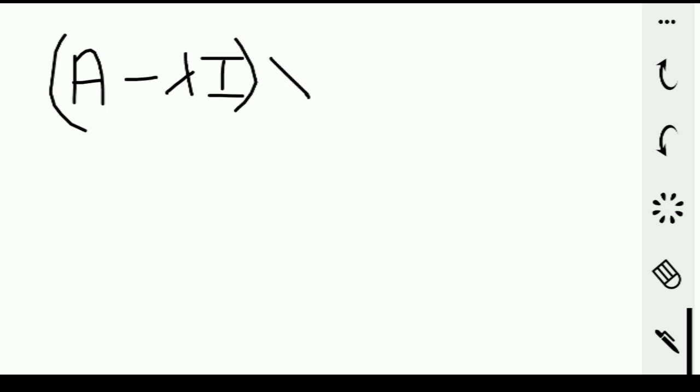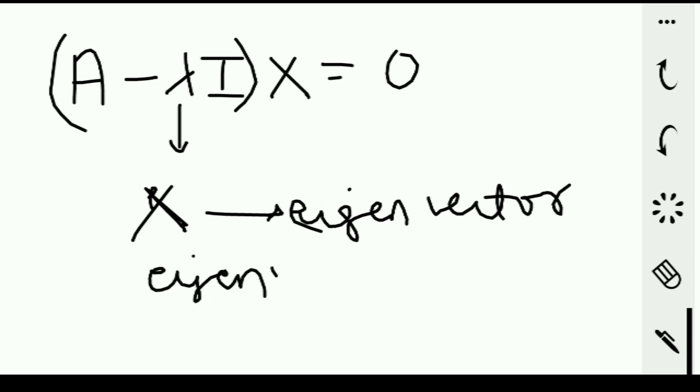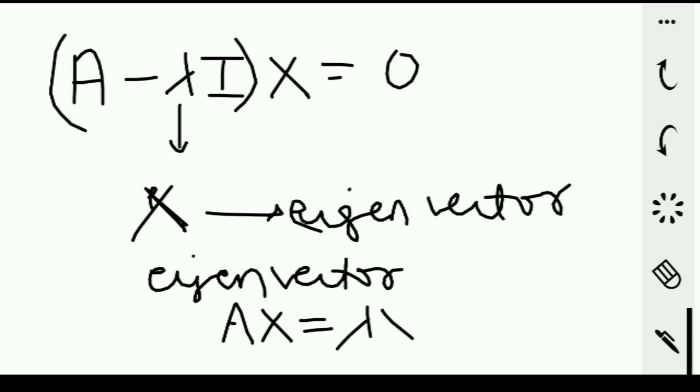Now you got a lambda value, then putting that into this equation (A minus lambda I) into x is equal to 0, you could get x. x is our eigenvector. So in this way, you could get eigenvalues and eigenvectors by solving this equation Ax is equal to lambda x.